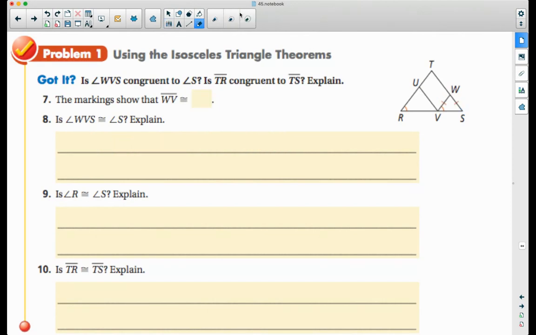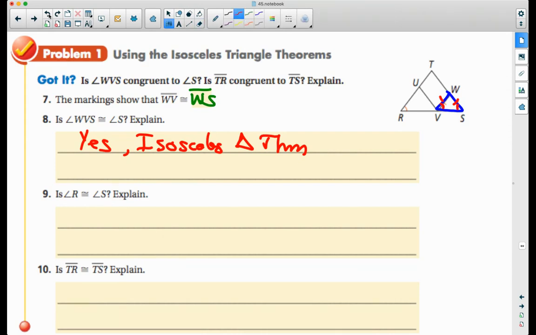So if we look at this figure, we now know through a little bit of the transitive property. All we need to do is use transitive.